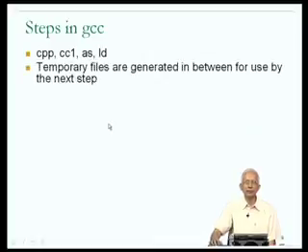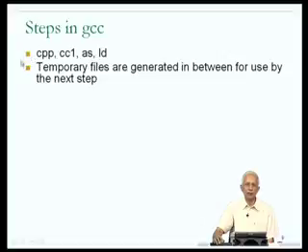But the important thing is that in the process of translating the source program hello.c into an object program a.out, GCC uses these steps, and along the way it generates temporary files. For example, after CC1 has finished its work, it generates an output file, a temporary file, which is then later on used by AS to do its work in the next step.